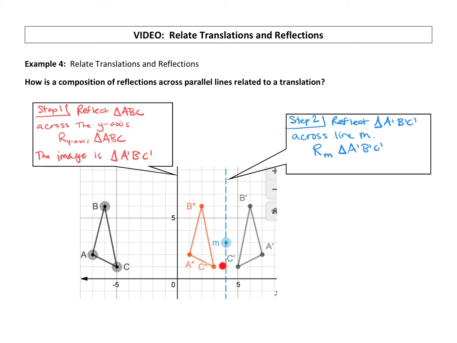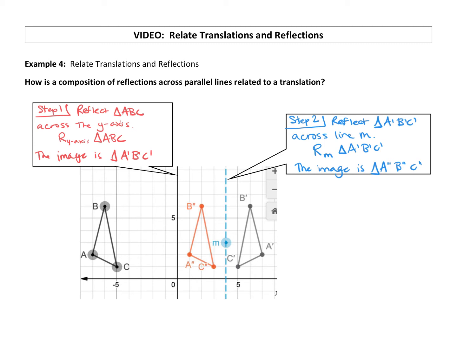So if I go 1 unit on the other side, I get this point C with 2 apostrophe looking things. So this is C double prime. This is C prime, this is C double prime. So the image of that reflection would be A double prime, B double prime, C double prime.